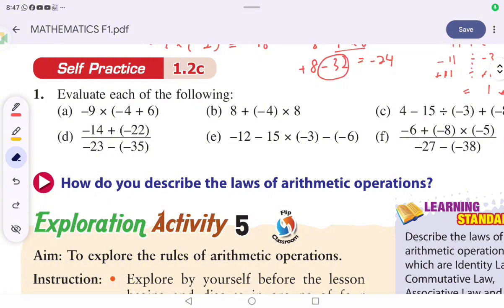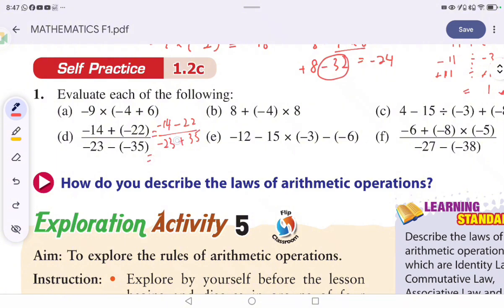Now look at D, question D. Negative 14 plus negative 22 over negative 23, negative becomes positive 35.